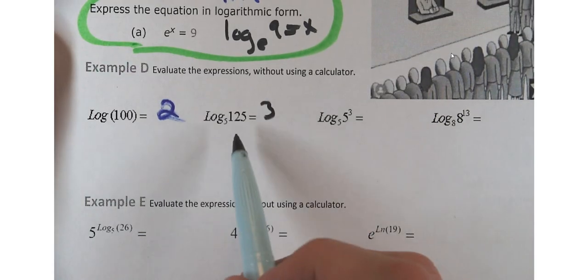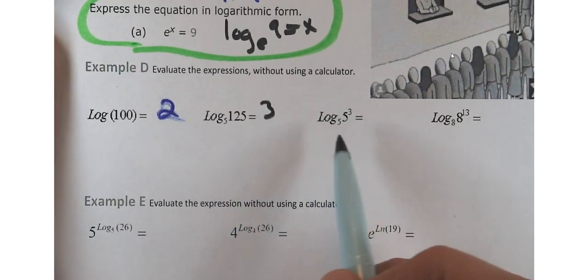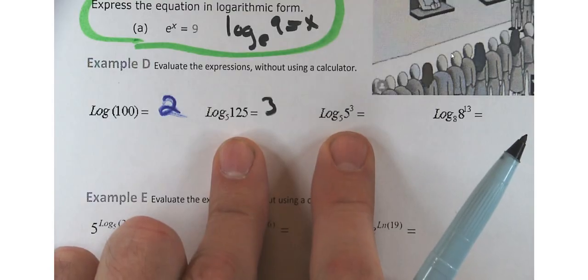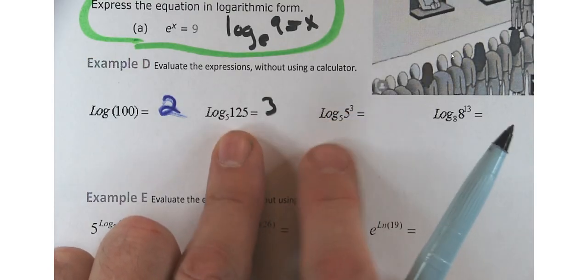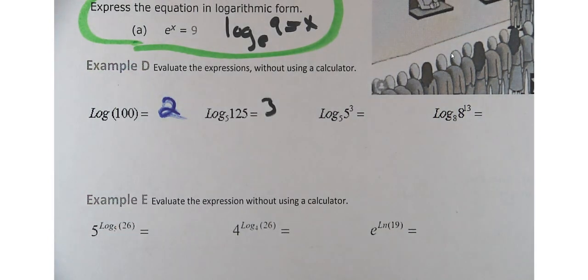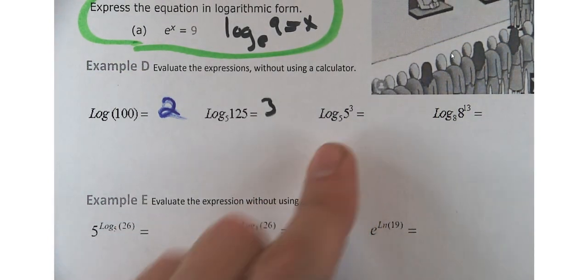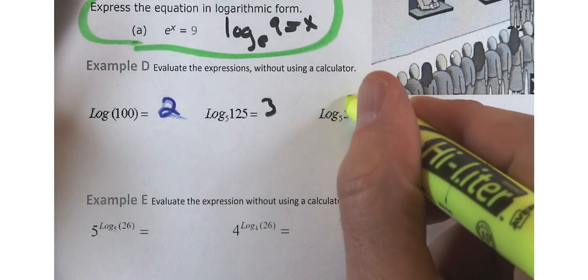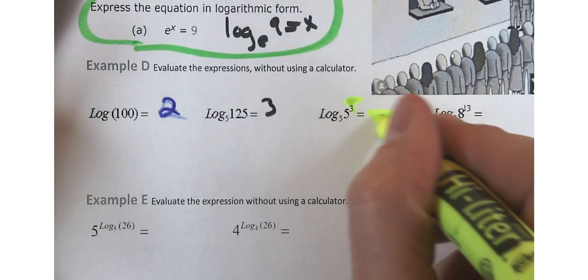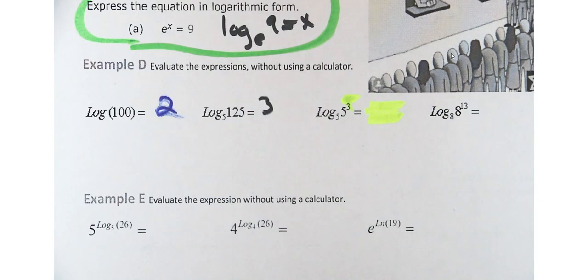But let's take a look over here. Why do you think I included this one over here? They're basically the same, right? 5 cubed is 125. Well, what's the answer here, though? 3. The reason I included that one is because there's a property of logarithms that we're going to use that I'm kind of hinting at here.